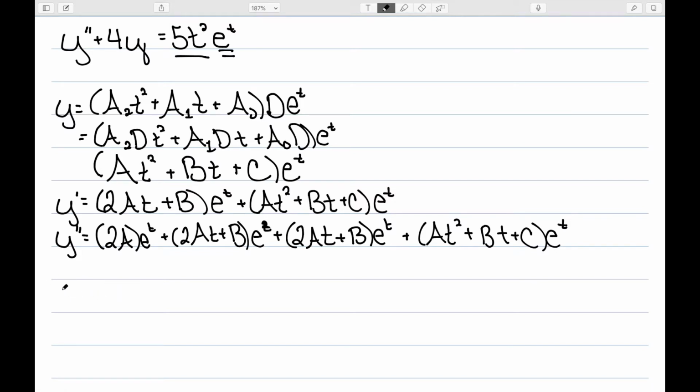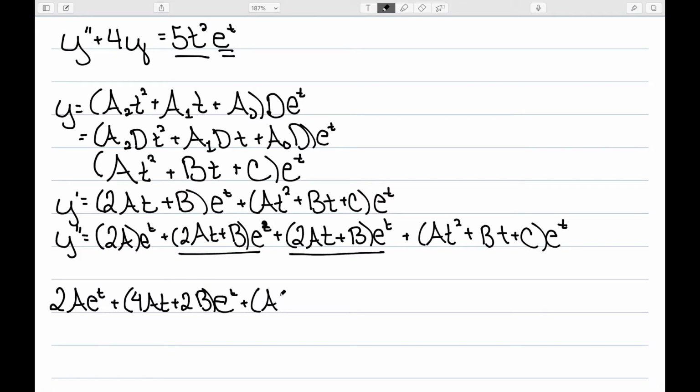And now we want to plug this back into our original differential equation. So it says y double prime. That's 2a e to the t plus, we'll notice that these two terms are identical, so I'm going to go ahead and add them and make this 4at plus 2b e to the t plus at squared plus bt plus c e to the t.